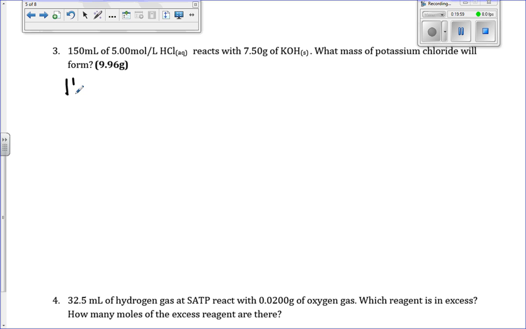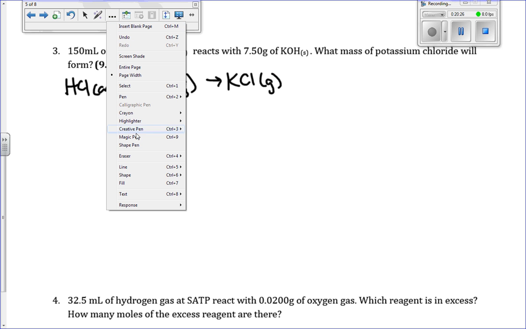We've got hydrochloric acid reacts with potassium hydroxide in the solution. We can see from this double placement reaction that we're going to get potassium chloride. And it's asking us for a mass, so we're going to want to put a solid in there.